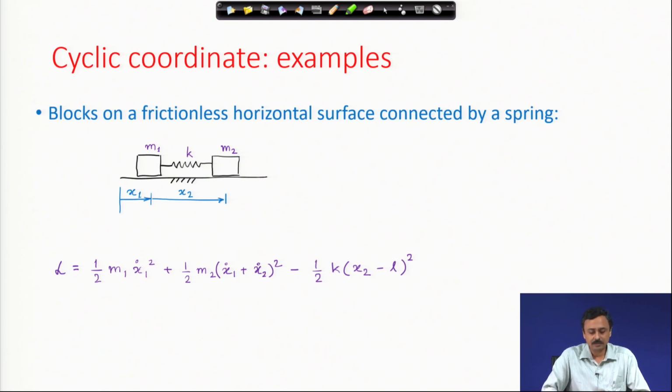This is the Lagrangian, and the definition of x1 and x2 has changed from the previous case. Here you will find that x1 dot is present, x2 dot is present, x2 is present, but x1 is missing. Therefore, x1 is a cyclic coordinate.